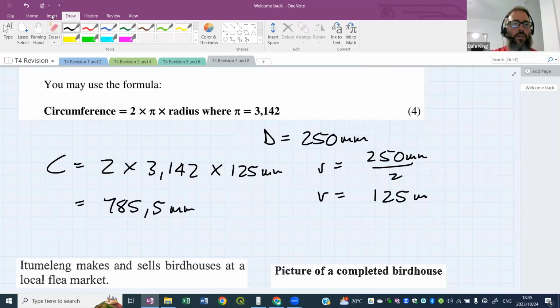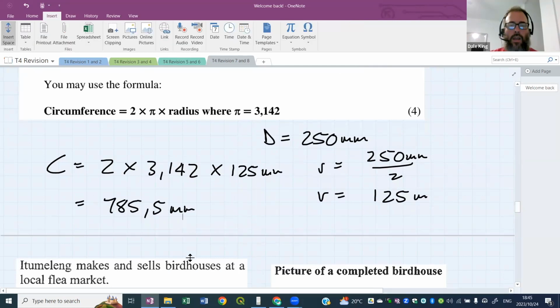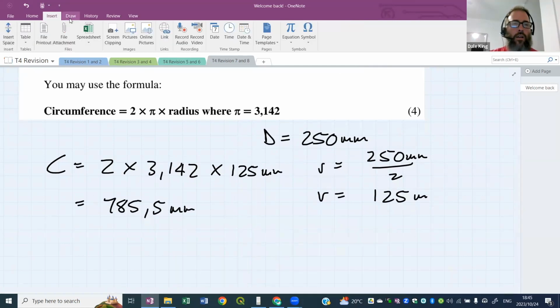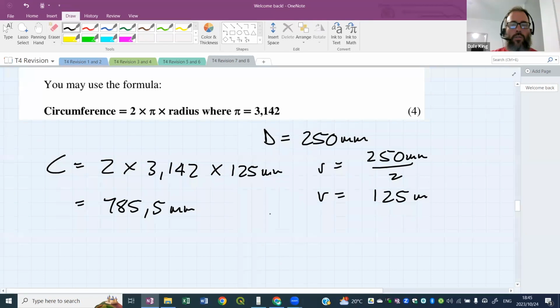But this is not the end, because they say it's not just going to go all the way around and overlap and form a circumference. So if I draw a little diagram to the best of my ability, the circumference goes all the way around, but at the end, you've got to have a little piece that overlaps, right? You see that overlap at the end here? That's what we need to also take into account.